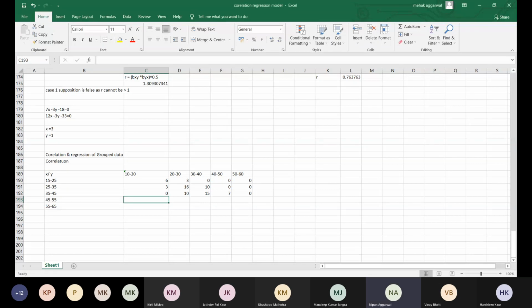Then you have 0, 0, 7, 10, 4. And 0, 0, 0, 4, 5. So this is the data given to you and this is the frequency.